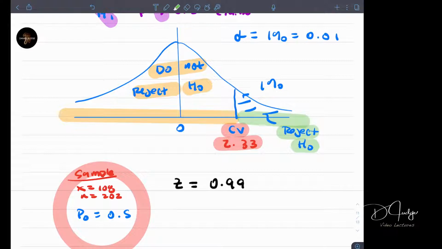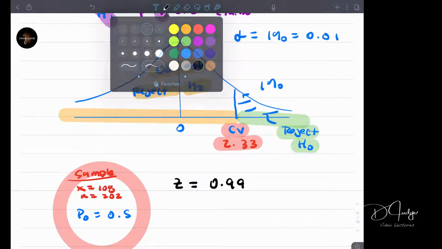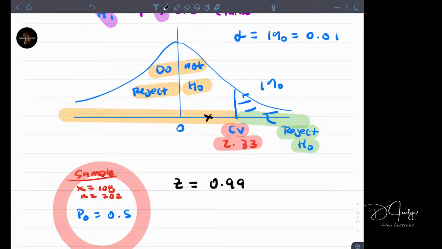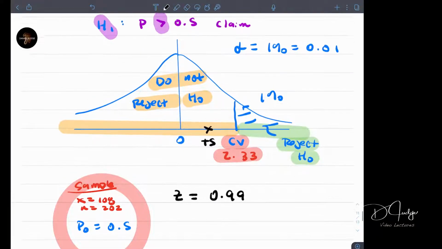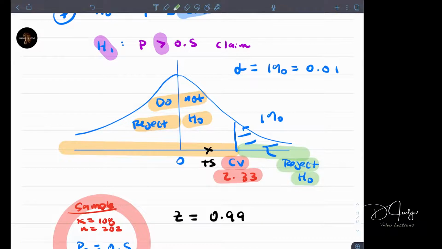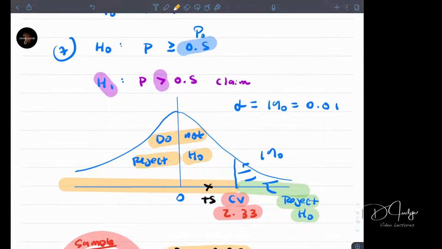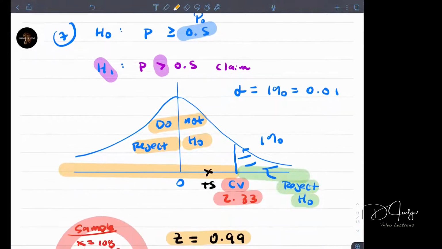Now, a test statistic of 0.99, where does that go? That's not quite 2.33. So here's that test statistic. It is in the do not reject the null region.